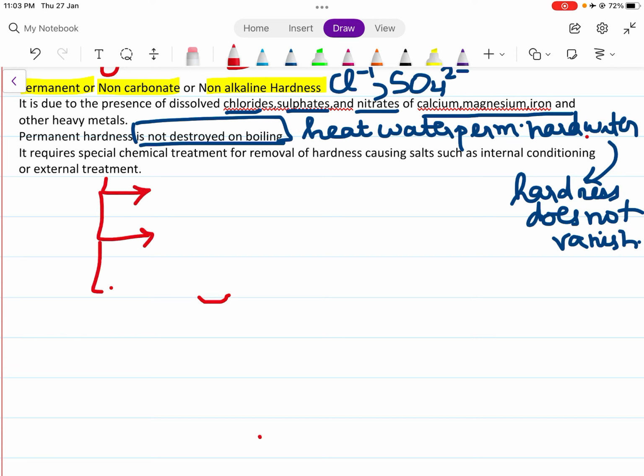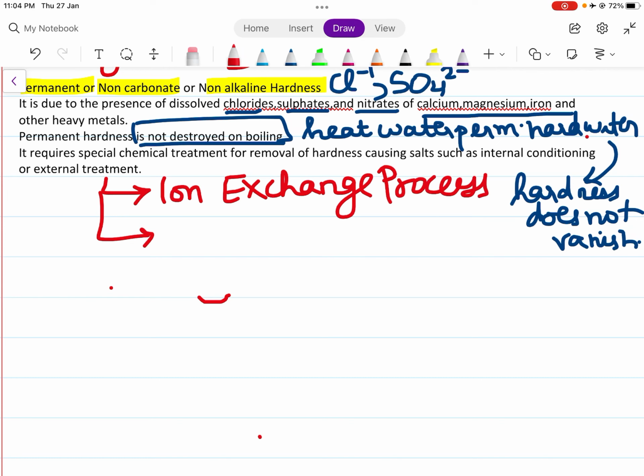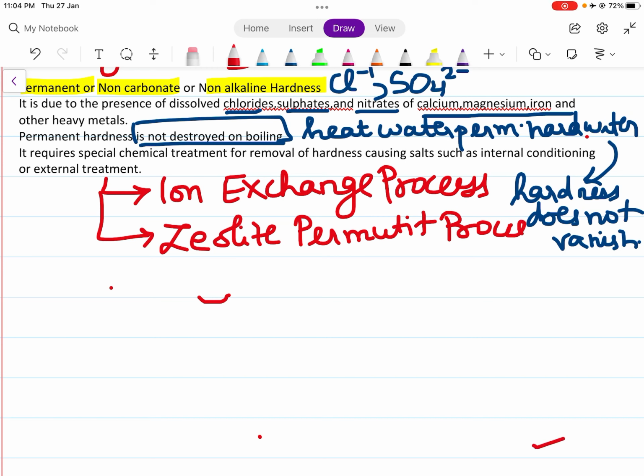One is the ion exchange process. Then we have also learned about the zeolite permutit process. These are the various processes used for treating hard water having permanent hardness.